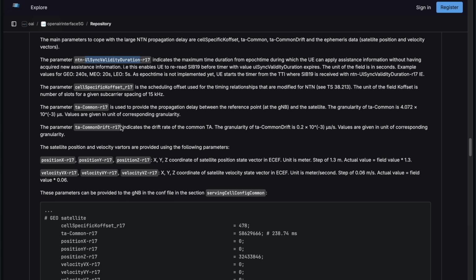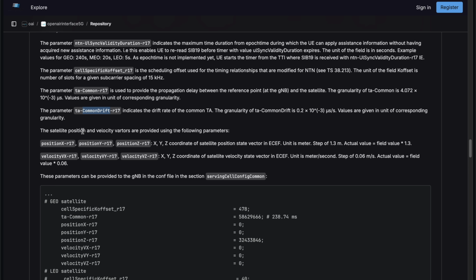And then we have this cell specific K offset value, which sets a scheduling offset to align certain procedures or resources. And then we have TA common and common drift as parameters, which are timing advance parameters. The base value is in fine units that represent the propagation delay between the gNodeB and the satellite.